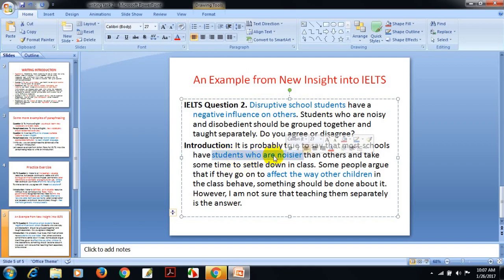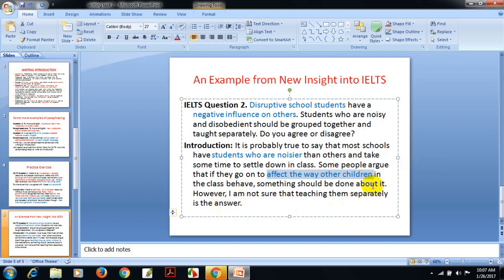Students who are noisier. Yes? And have a negative influence on others. Look here, have a negative influence on others. Here is affect the way other children in the class behave.